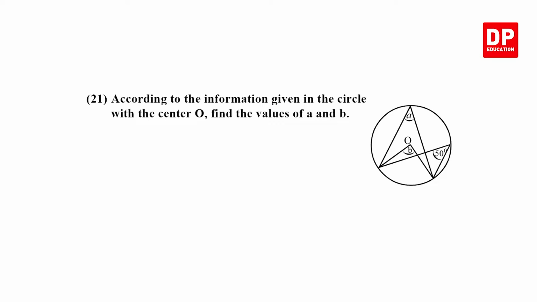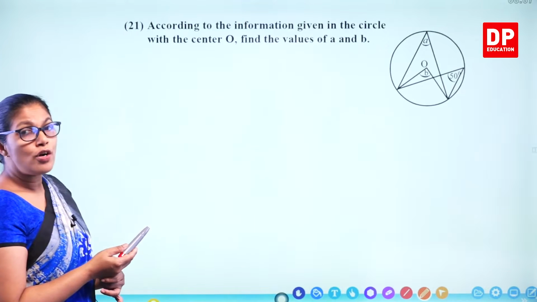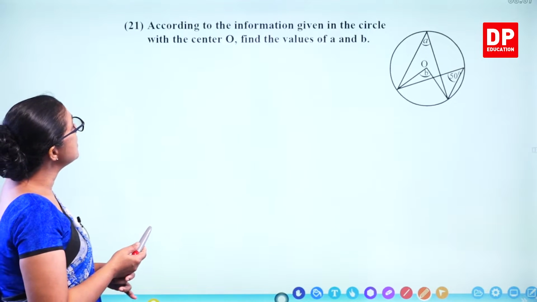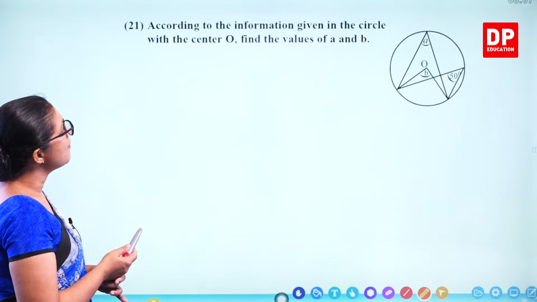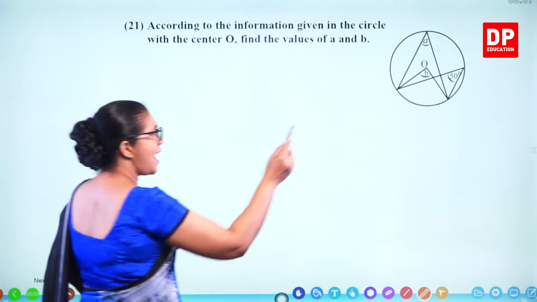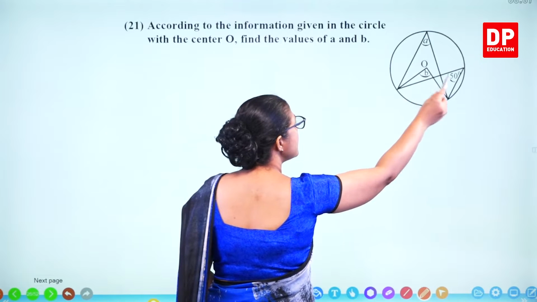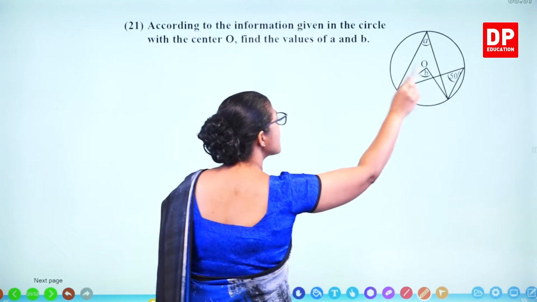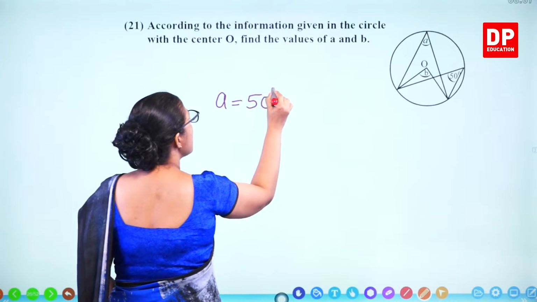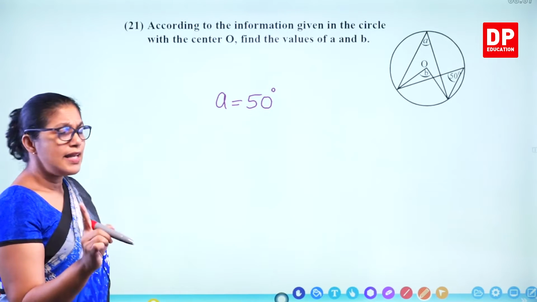Question number 21. This is also about circles. According to the information given in the circle with the center O, find the values of A and B. Can you see this is the angle subtended at the center and this is on the circumference. So A is 50. Same segment angles are equal.